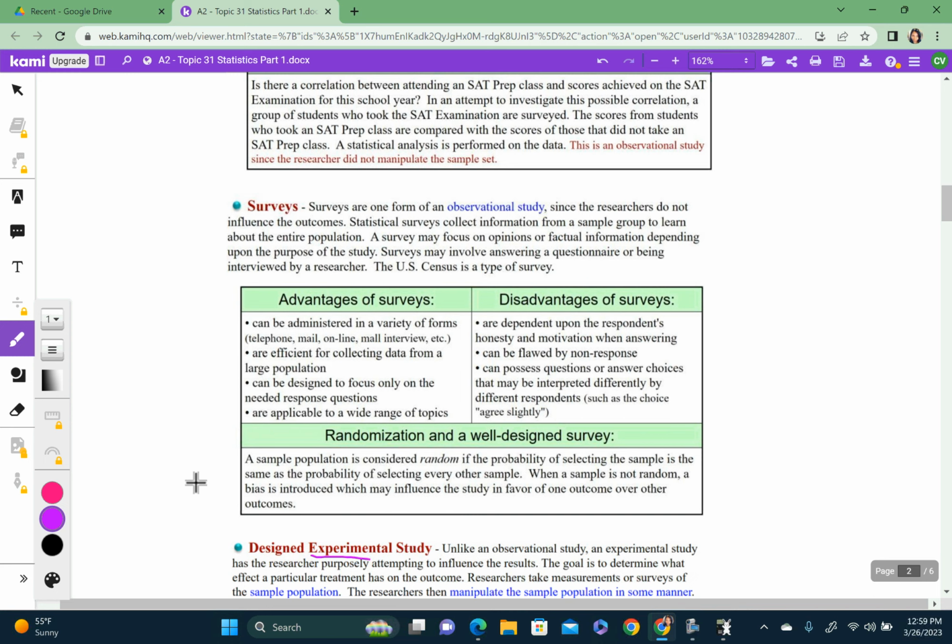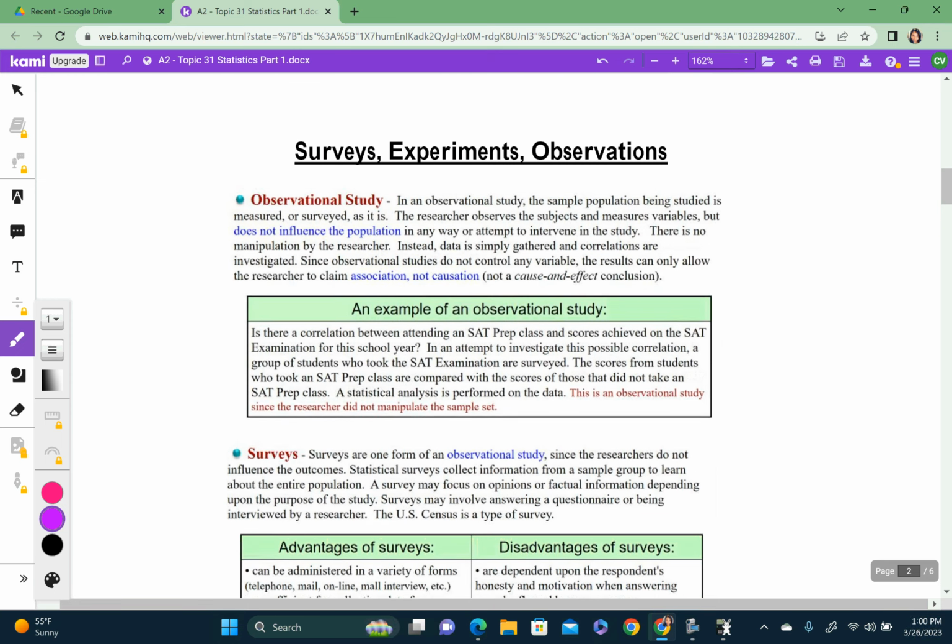But surveys specifically question people. It collects information about a sample group to learn about the entire population. And an observational study is one where the sample population being studied is measured or surveyed, and it does not influence the population. That is the big thing there.